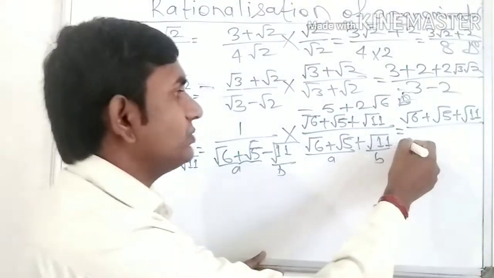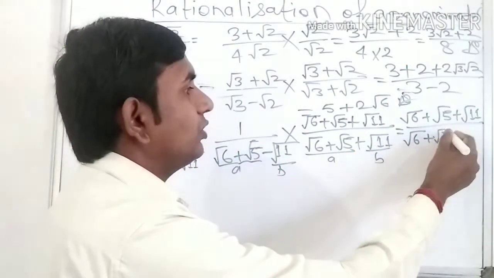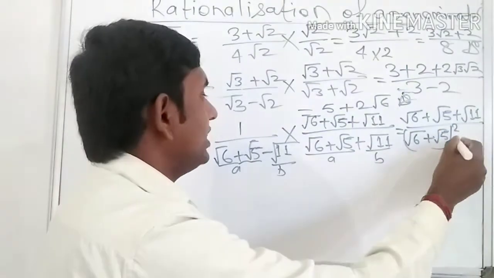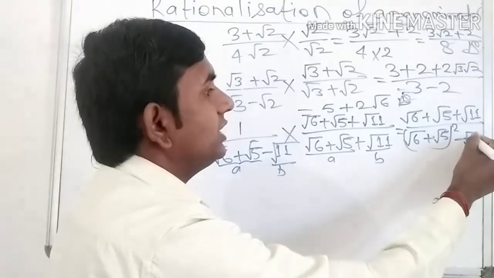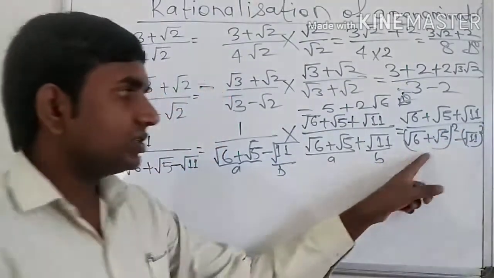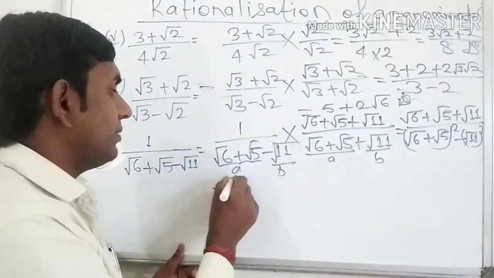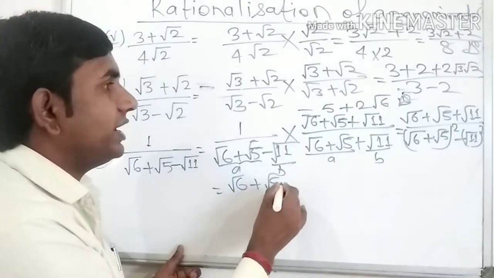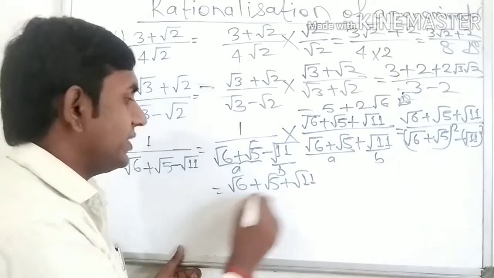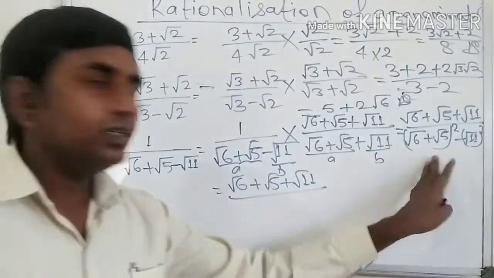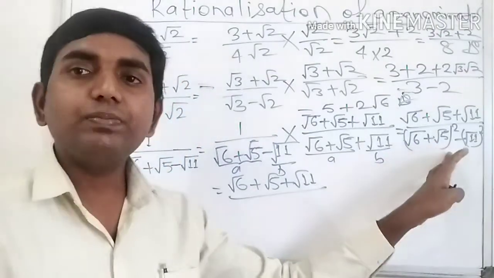So it finally becomes (under root 6 plus under root 5) whole square minus under root 11 square. Okay, so it's also a square minus b square in this form.